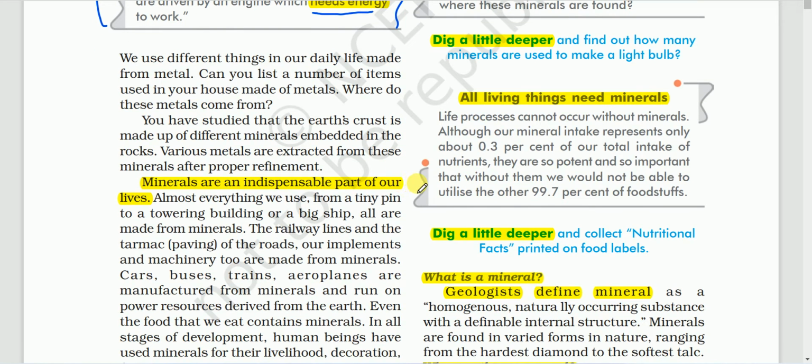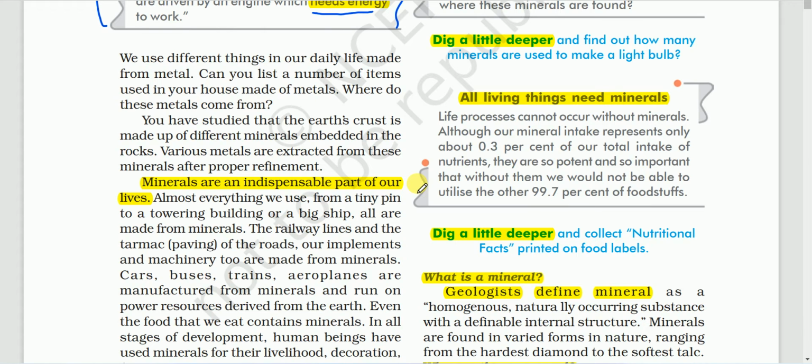So in the coming paragraph also you'll find again the importance of minerals to human beings, to the economy of a country. So we use different things in our daily life made from metal, and you also can imagine from where these objects, these metals come from.